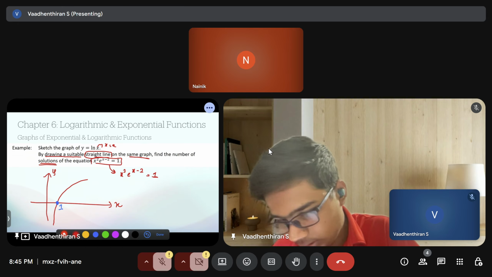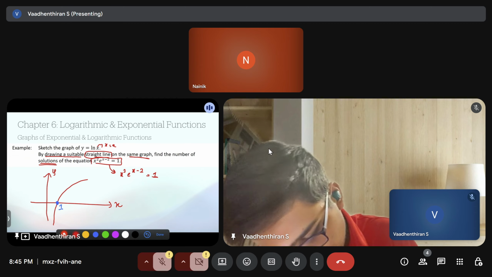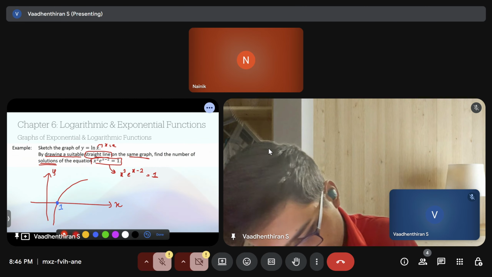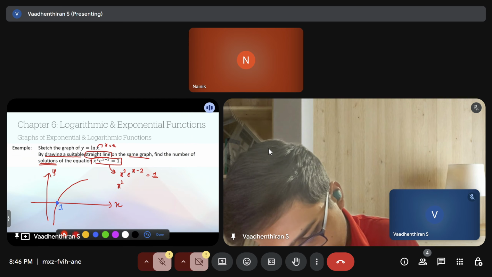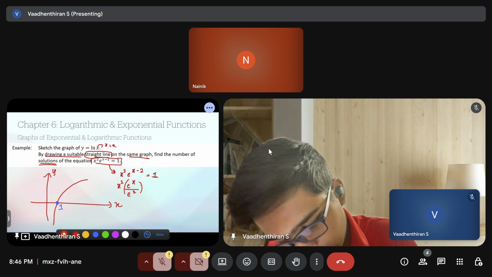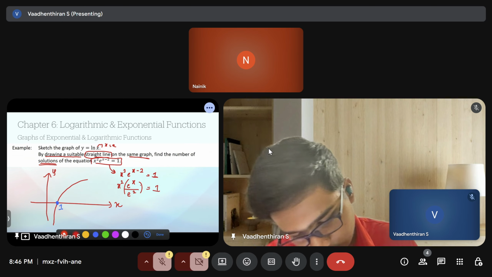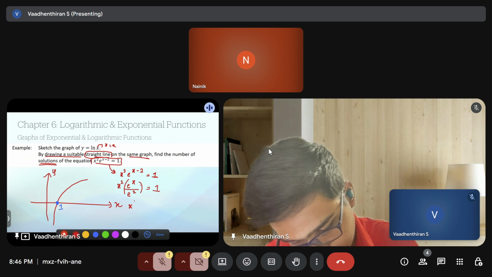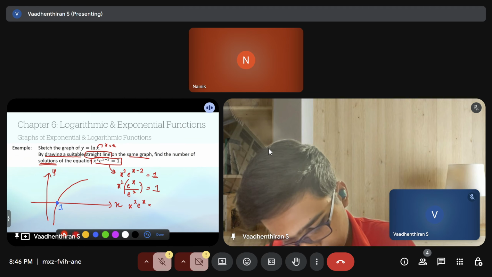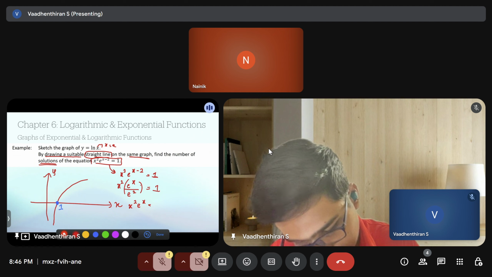I was thinking to do it like this. So e to the x can be written as e squared times e to the x minus 2, right? Then you can write x squared e to the x, and take this e squared to the other side.